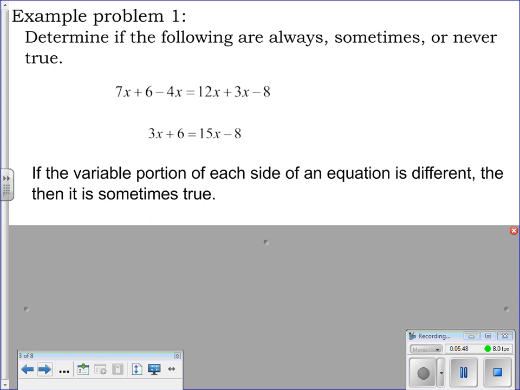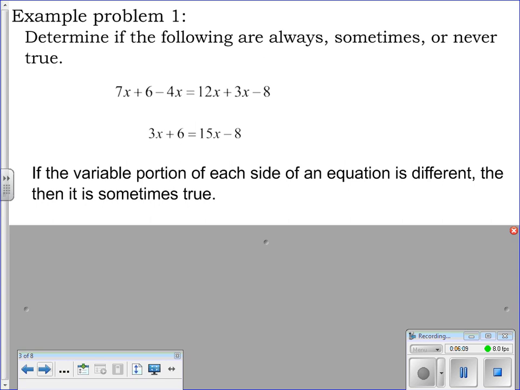If the variable portion of each side of an equation is different, then it is sometimes true. I have 3x on one side, 15x on the other side. They're not the same. There is one solution, and that one solution is where it is sometimes true.